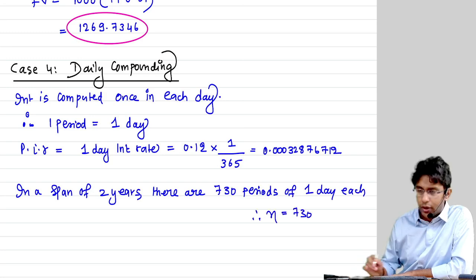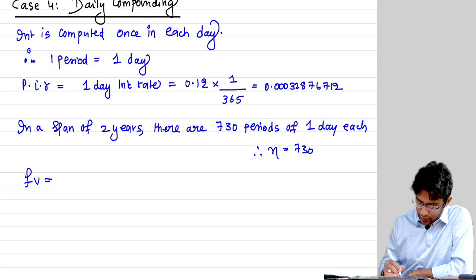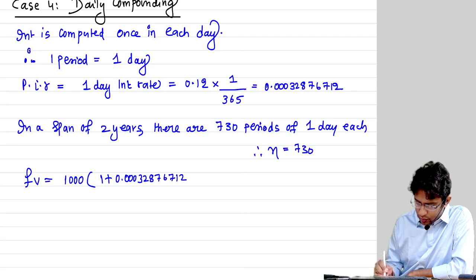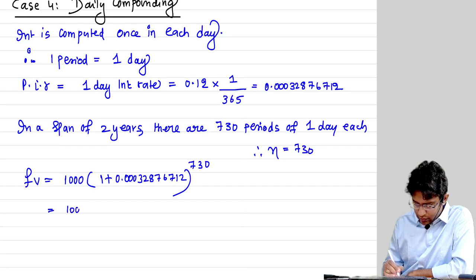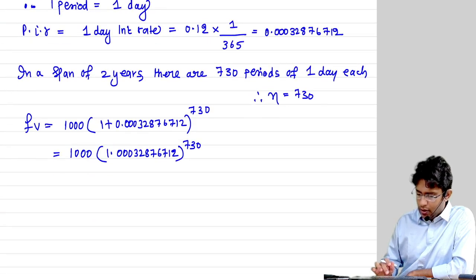Therefore, n is equal to 730, which now means future value is equal to 1000 into 1 plus 0.0003287671 whole power 730. Solve this.